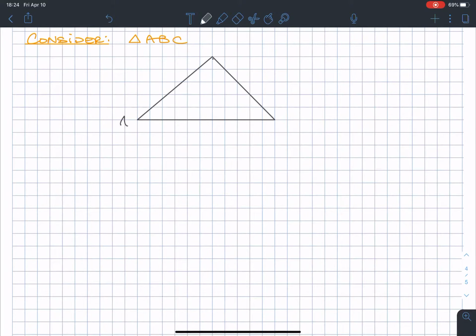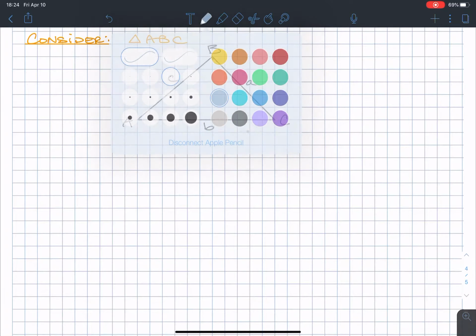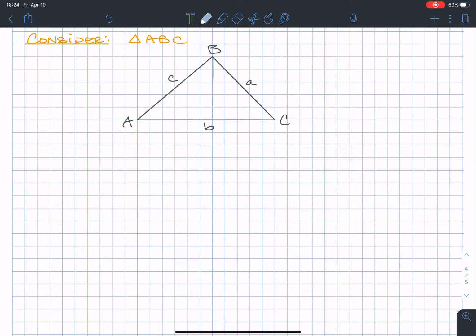Okay, so let's say angles A, B, and C, with opposite sides, little a, little b, and little c, and altitude or height, h. So we know that the area of a triangle is 1/2 the base times the height.